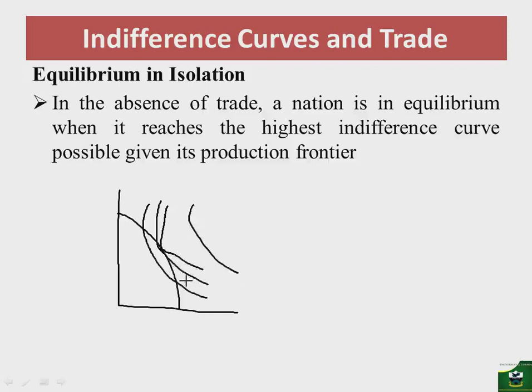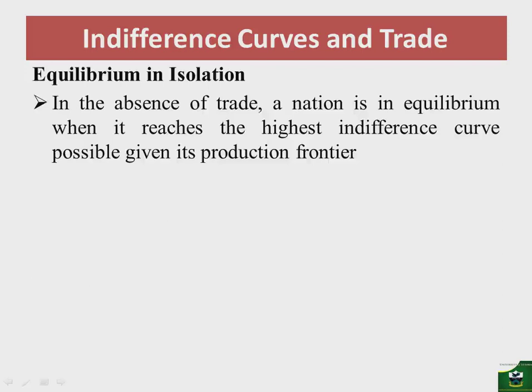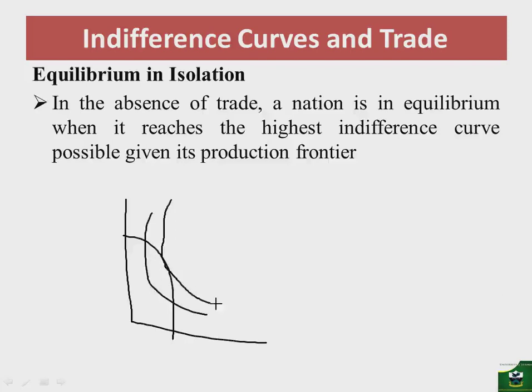Okay, so we see that among all these indifference curves, let me just try to redraw this so that we make it more clear. So we have our PPF, and then we have our indifference curve 1, and we have our indifference curve 2, and indifference curve 3. So 1, 2, and 3.